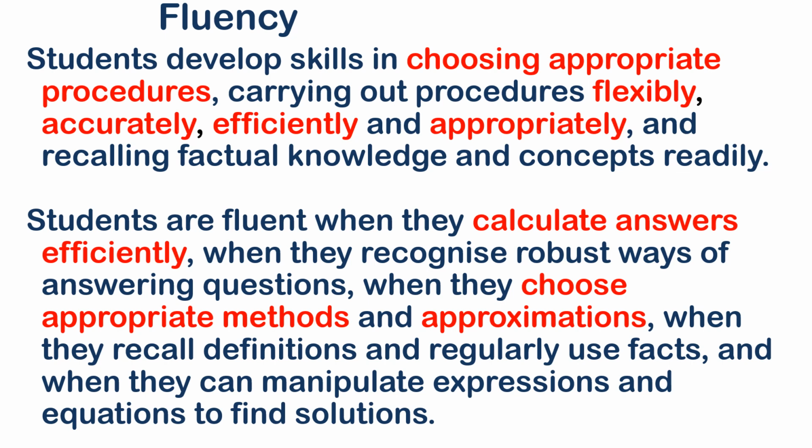When they choose appropriate methods, again, the idea of choice means we have to give a menu of different methods, and we allow them to approximate or estimate, as we've spoken before. And when they do this, they can recall definitions regularly. They use facts and recall them. And they can manipulate expressions and equations to find solutions. So again, you might want to just stop the slide and read that for yourself and really take time to understand what it means. But fluency is a really important proficiency in developing of mathematical understanding, and particularly as it relates to mental computation as well.